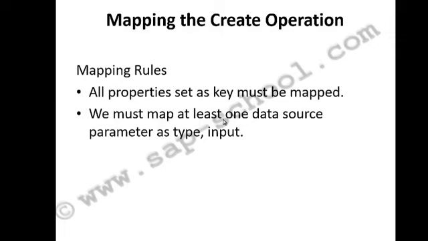We can use the propose mapping button again to automatically generate and display the mapping, and if there is no information, no mapping will be proposed. The mapping rules for the create operation are that all properties set as key must be mapped, and we must map at least one data source parameter as type input.